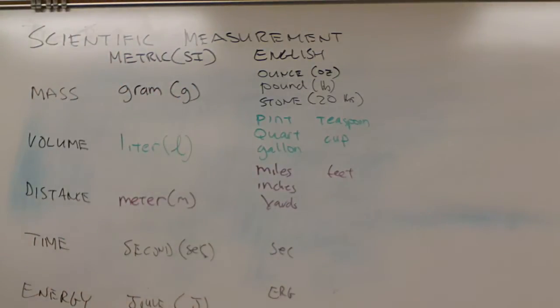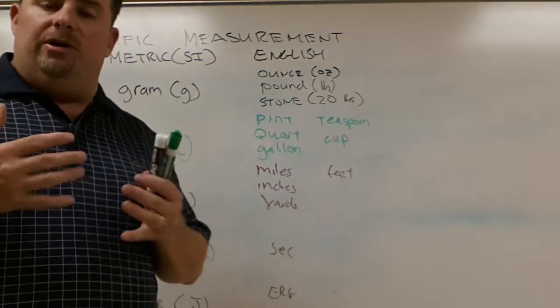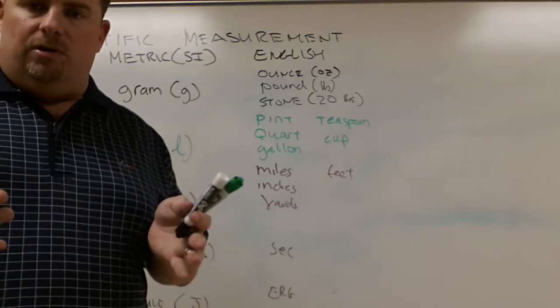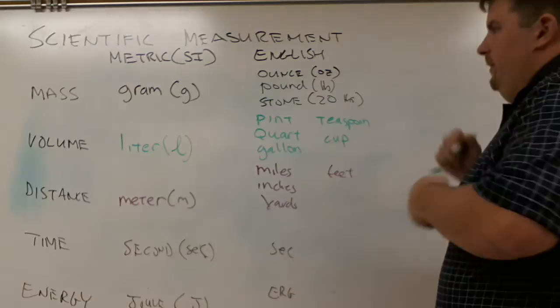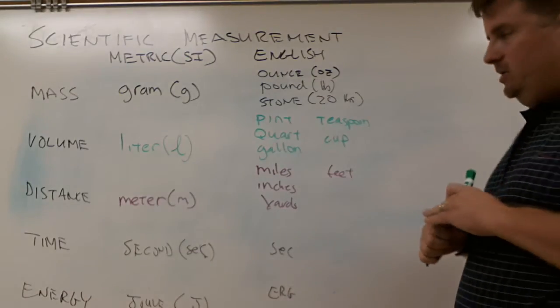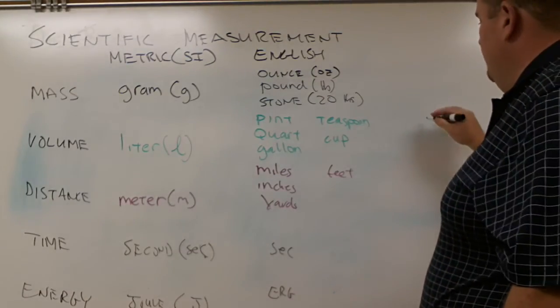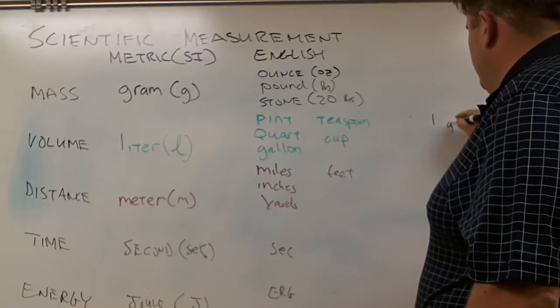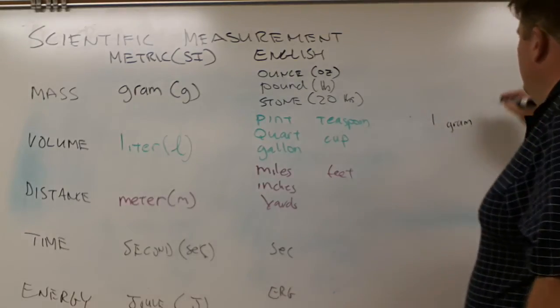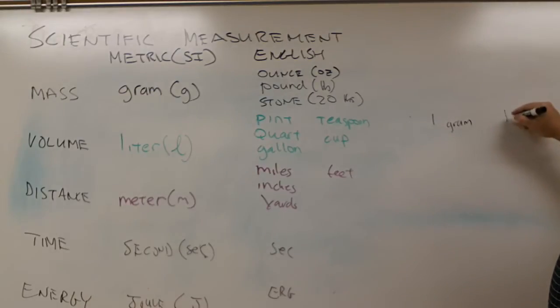Now, you have to know what the prefixes and suffixes are when we're using metric measurements. So these things are important. I am going to use gram here as a base scale. So here I'm going to say 1 gram, and this is 10 to the 0 grams.